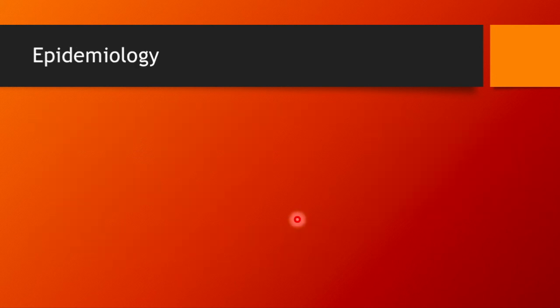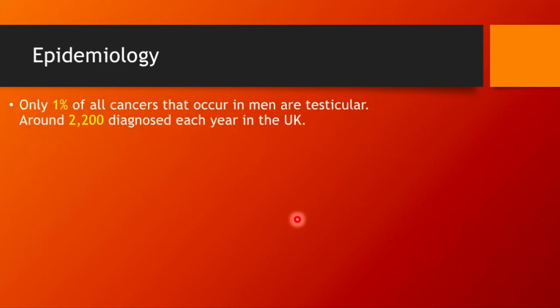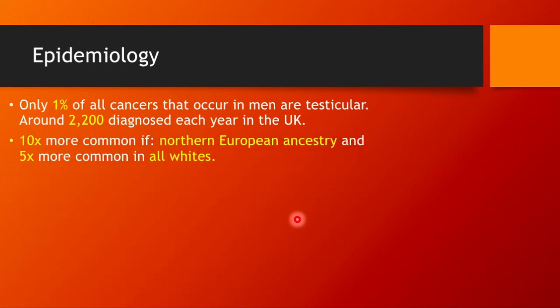Epidemiology. Testicular cancer is a relatively rare type of cancer, accounting for just 1% of all cancers that occur in men. Around 2,000 are diagnosed with testicular cancer each year in the UK. It's also about 10 times more common in males of Northern European ancestry and 5 times more common in all whites compared to other races.